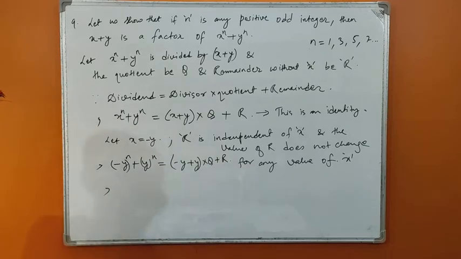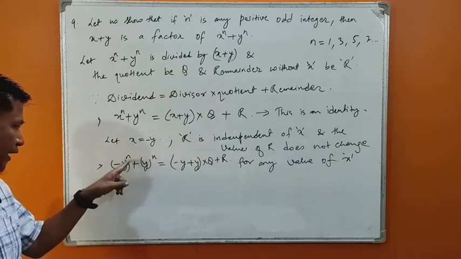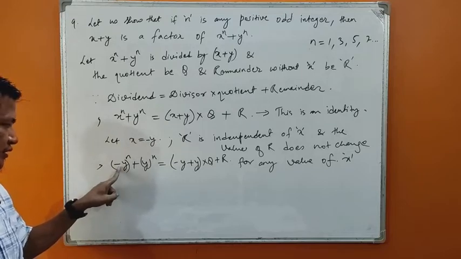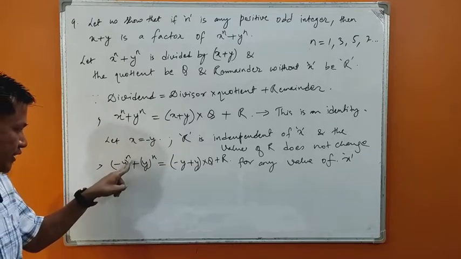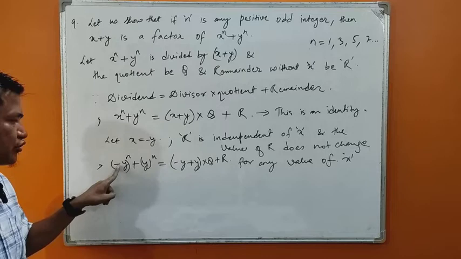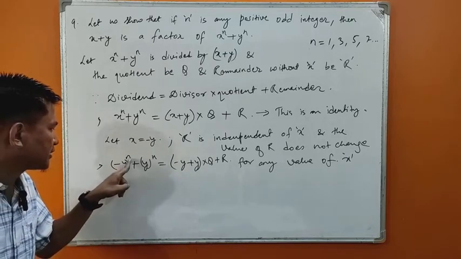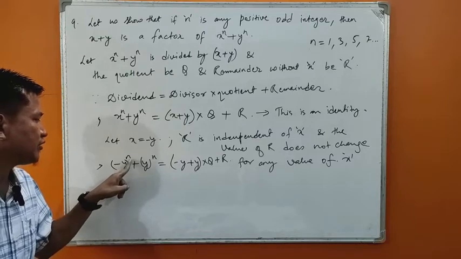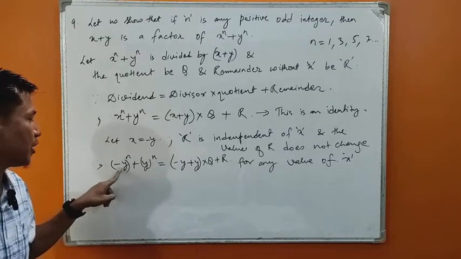If this n is an odd number, the sign will remain minus, isn't it? And if this n is an even number, the sign will change to plus.